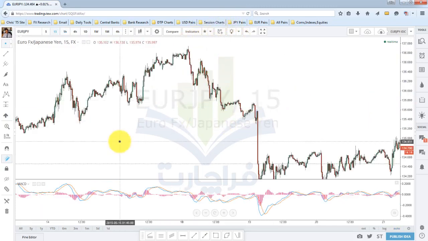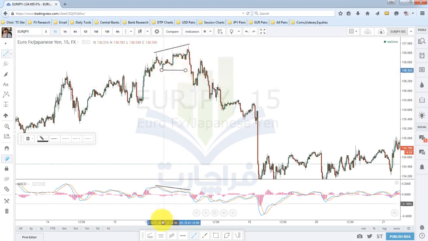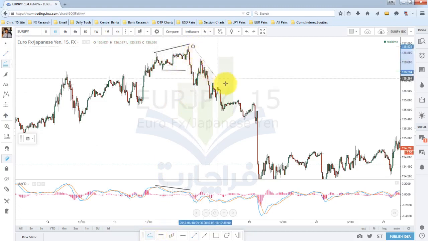Here's another divergence on the Euro-Yen 15-minute chart. We have price moving higher, we have MACD cycling lower, and a strong decline here that traded through the low. We'll draw our Fibonacci, whoops, wrong tool, sorry about that.